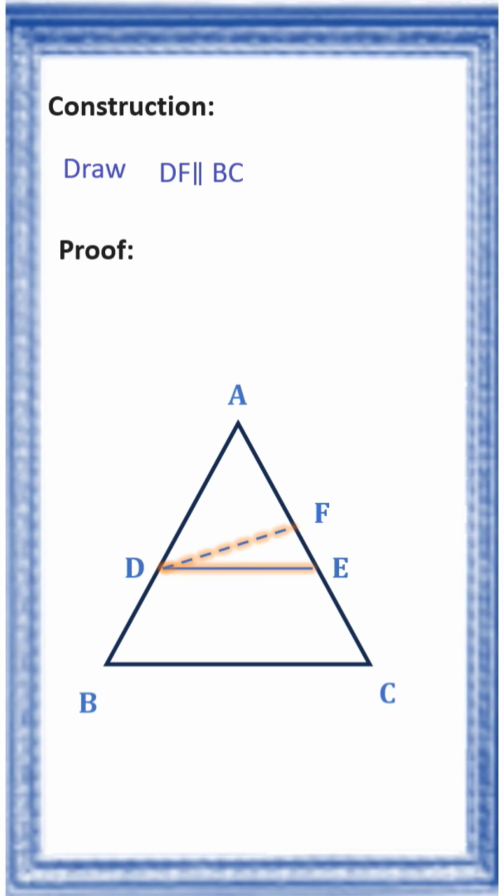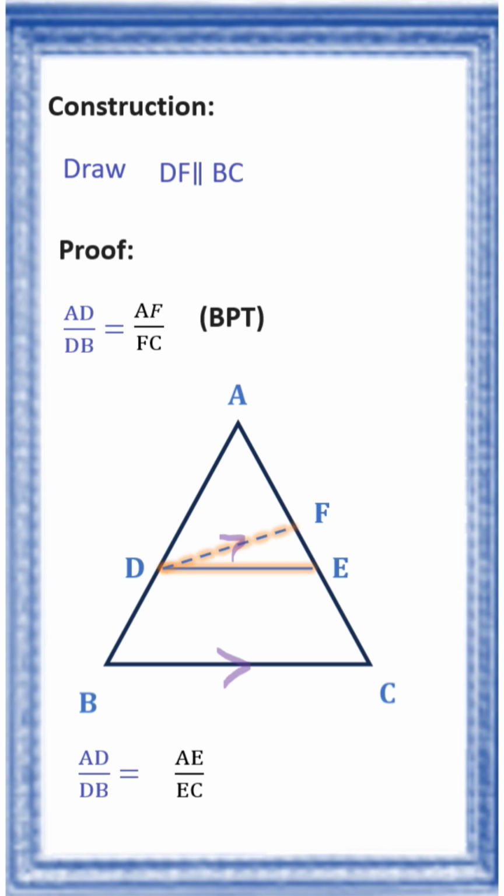Because we have drawn DF parallel to BC, what happens now according to BPT? AD by DB is equal to AF by FC. Why? Because of basic proportionality theorem. We are given that AD by DB is equal to AE by EC. We are given, because you can write it in the bracket, otherwise you will get confused.